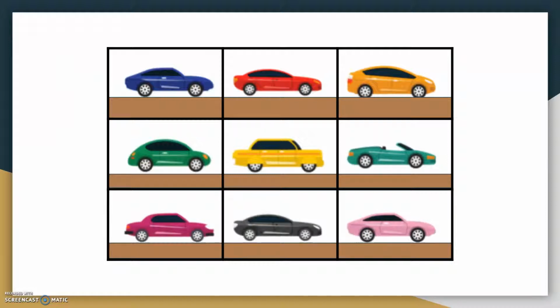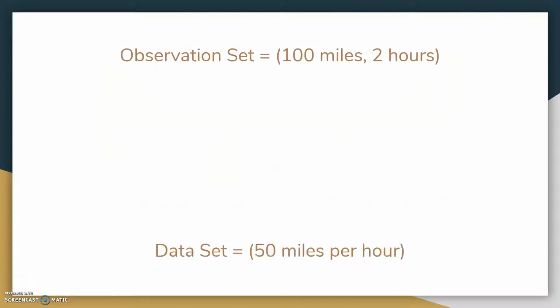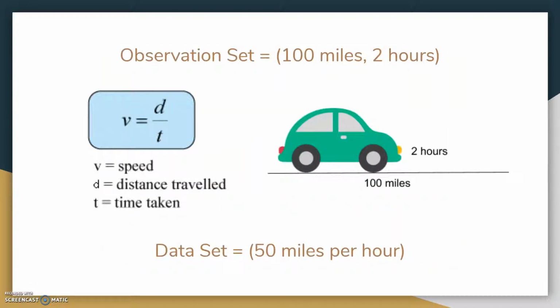Let me now give an example for each of these terms. When observing several videos of cars traveling down your road, you may wonder what each car's speed is. Each video you watch is a single observation, and the speed of those cars is the data. If we focus on a single observation, we can create its observation set using two qualities, distance and time.